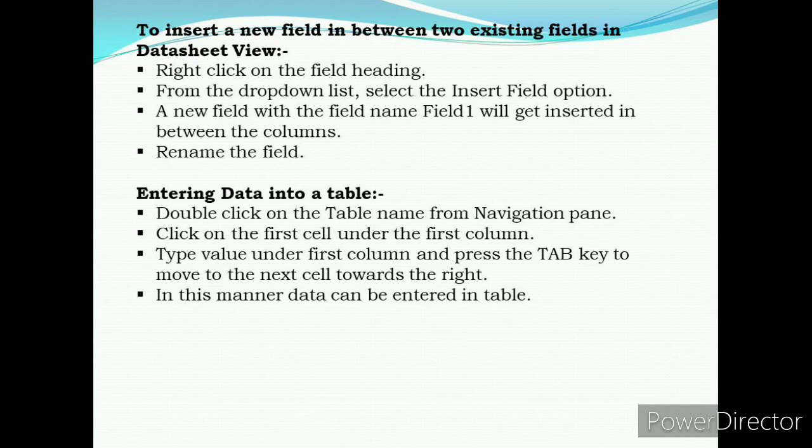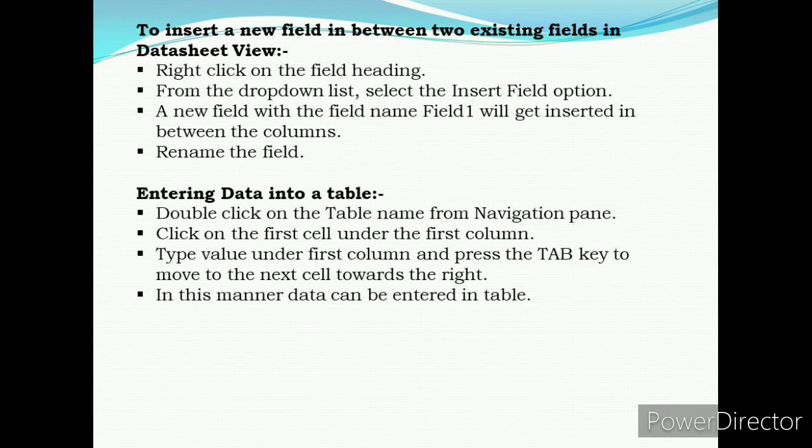Now entering the data into the table. Suppose you have created the structure, or written all the fields required for creating a table. Now the next thing that is required is how we are going to enter data in a table. So here are the very simple steps that we have to follow for entering data into a table.